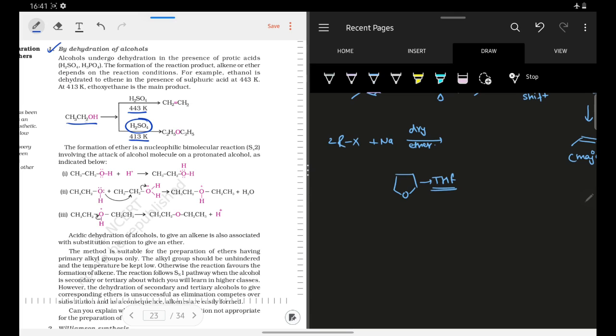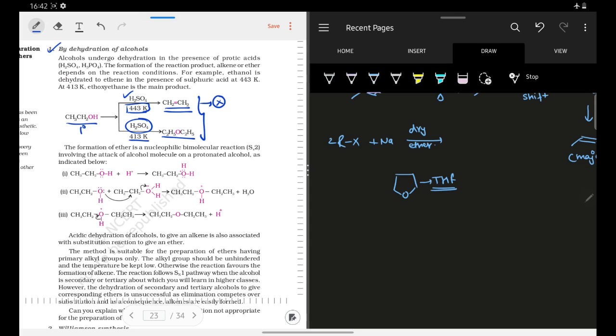So here they have heated this 1 degree alcohol at 443 Kelvin in the presence of H2SO4. It leads to dehydration, and it leads to the formation of alkene. One more reaction can occur, but that reaction will occur at lower temperature, and it will lead to the formation of your ether. So this method is actually not very helpful. Why?